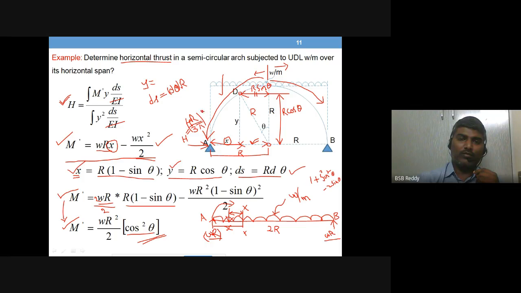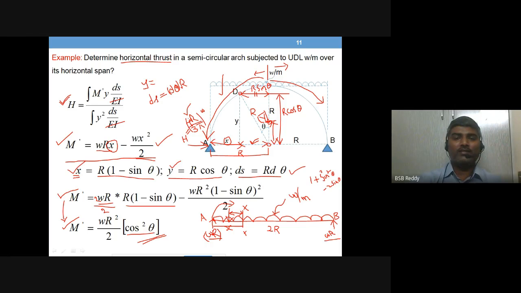What is 4r by 3 pi for a semicircle? It is the location of the centroid. Y bar we say. I don't know what notation you have used in your engineering mechanics. The centroid location is 4r by 3 pi for a semicircle.